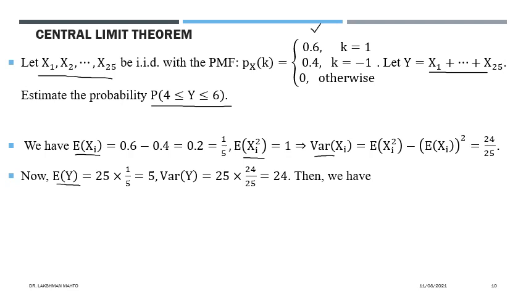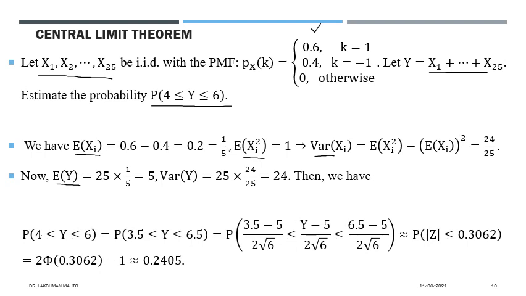So regarding y, we don't know the distribution, but we know the mean and variance. So we apply the central limit theorem to calculate the desired probability. If we treat it in continuum fashion, we apply the 0.5 continuity correction, since y takes values between 4 and 6.